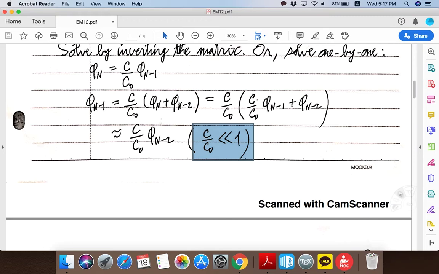And we assume, for the sake of analytical tractability, that this ratio of mutual capacitance to the self-capacitance is very, very small. Well, what that assumption will provide us with is that we can ignore this first term, and then the relation becomes really simple. It's really just phi n minus 1 in terms of phi n minus 2.